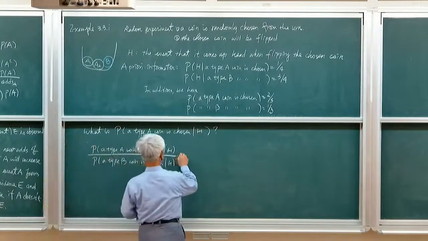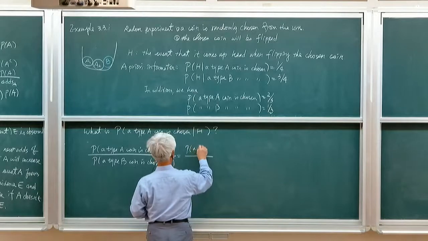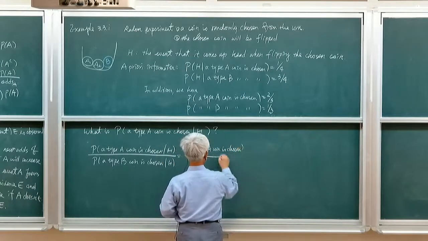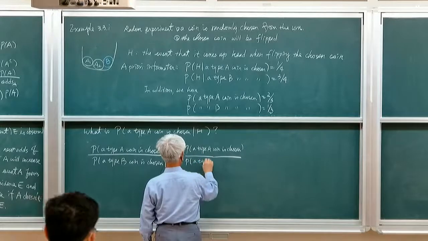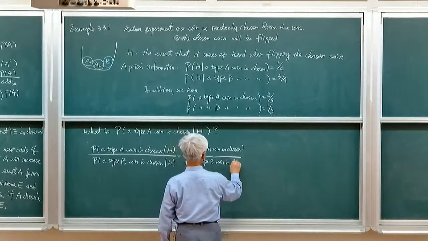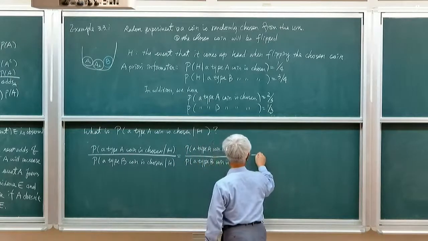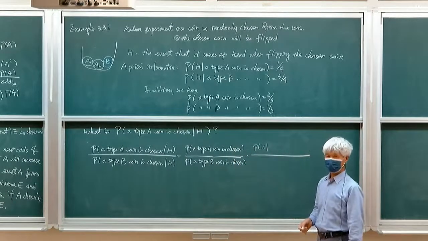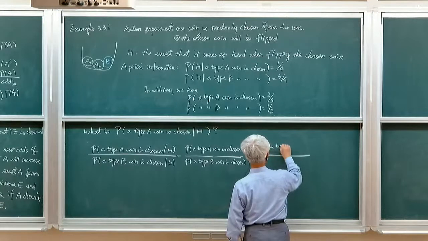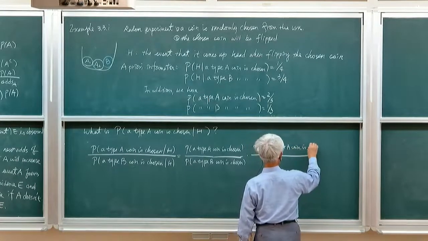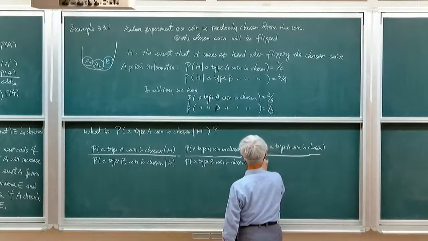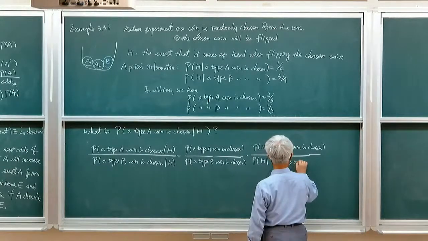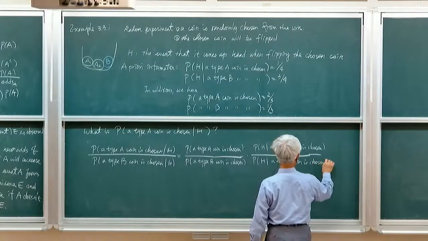And now, this is the probability a type A coin is chosen divided by the probability a type B coin is chosen, times the probability a head comes up when a type A coin is chosen divided by the probability of head when a type B coin is chosen, right?